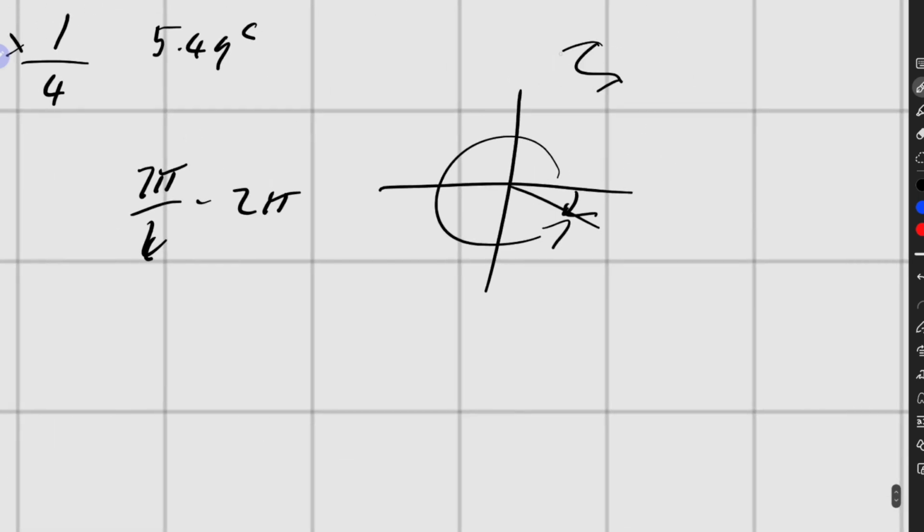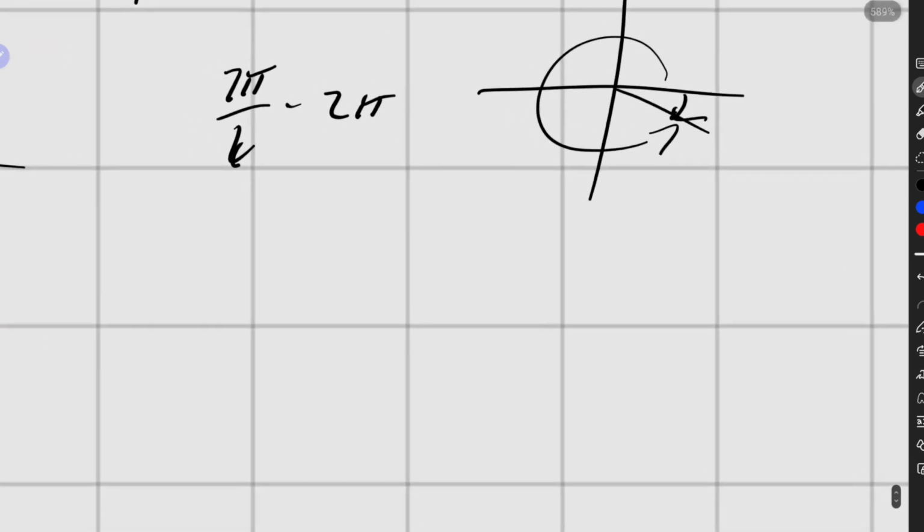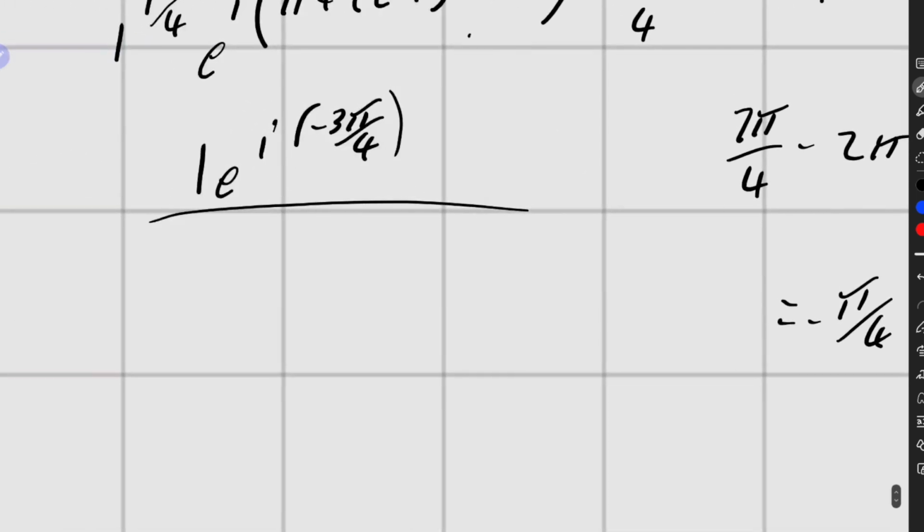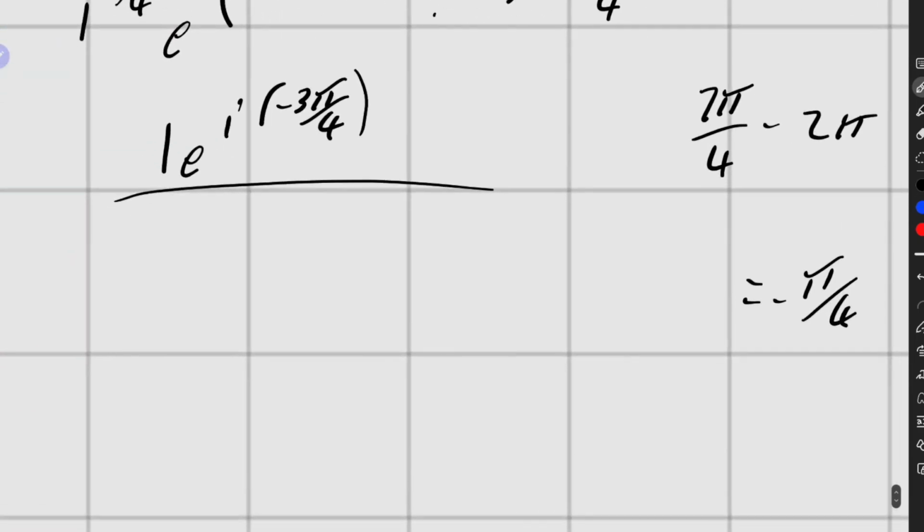Alright, it's going the other way. 7 pi on 4 minus 2 pi is just equal to minus pi on 4, which, if you know your trig identity, is minus 45 degrees. Alright, guys? Your last solution is going to be 1 e^(i minus pi on 4).